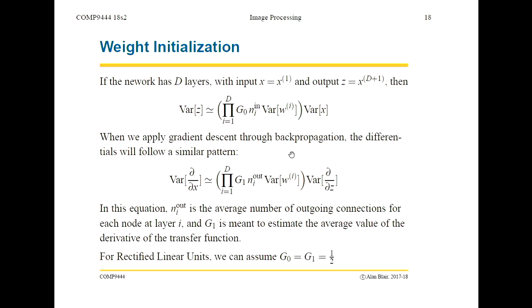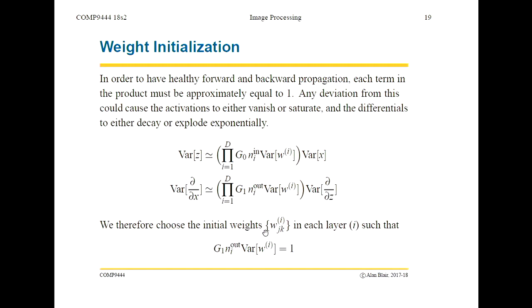This is the fan in and the fan out. n_i,in is how many nodes are coming into this node, and n_i,out is how many nodes this node is connecting to. Often they're equal. If it's fully connected, then n_i,in would just be equal to the number of nodes in layer i, and n_i,out would be equal to the number of nodes in layer i plus 1.